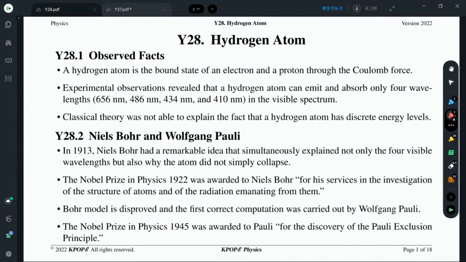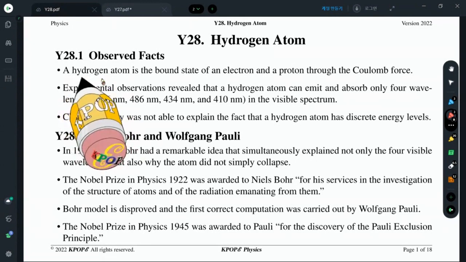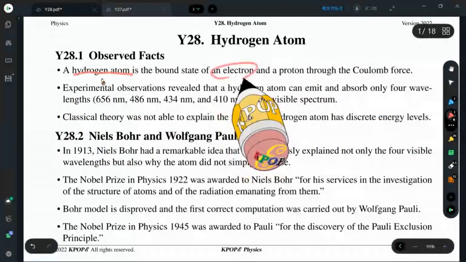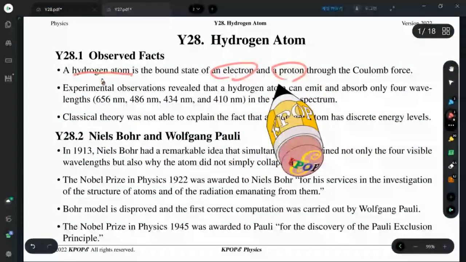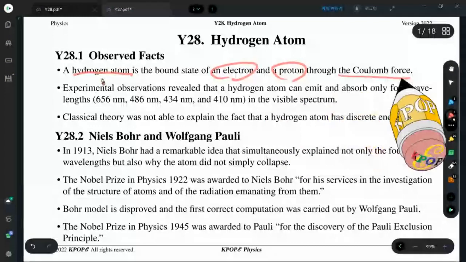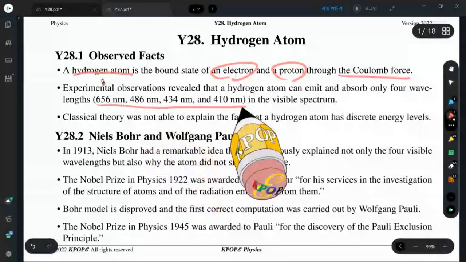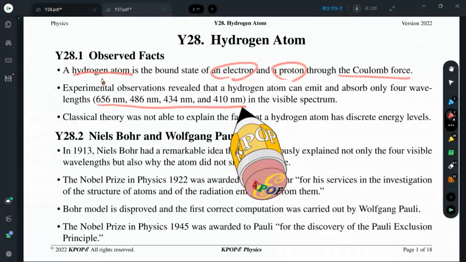Hydrogen atom. The fact is that, first of all, the hydrogen atom is a bound state of an electron and a proton, the simplest bound state created by the Coulomb force. In experiment, they have observed exactly four line spectra. It is not continuous.